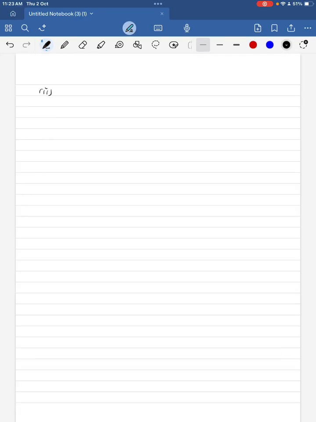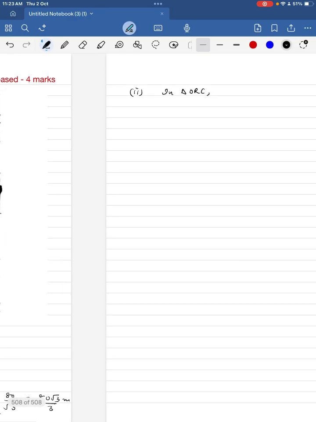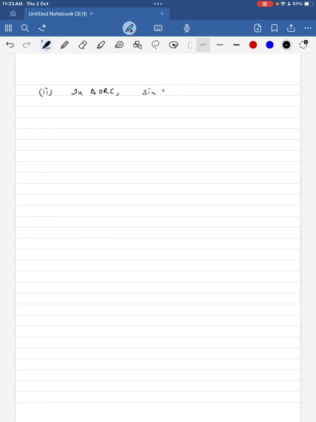Okay, so in the second part, in triangle ORC, I know that sine of 30 degree is equal to RC divided by OC. Okay, so sine 30 degree we know is 1 by 2. RC is what we are trying to find out, that is the height of the kite C from the ground.